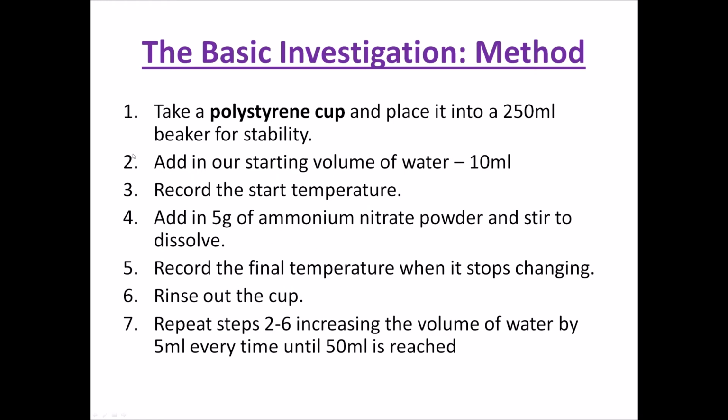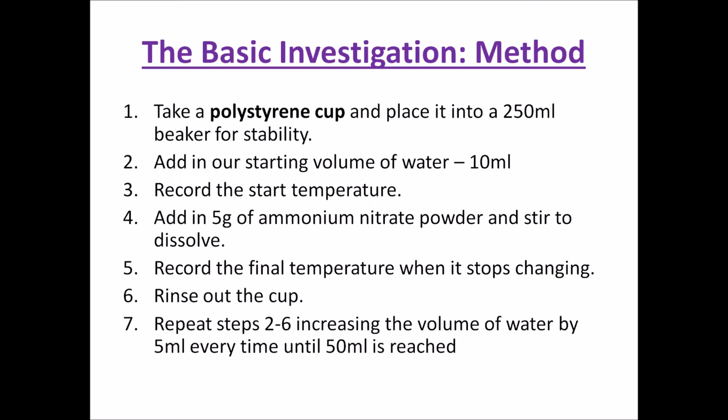Then repeat steps 2 to 6, but increasing the volume of water by 5 millilitres every time until we're using 50 millilitres. So we're going to use 10, 15, 20, 25, 30, 35, 40, 45, 50. We're going to use 9 separate results, which will give us a really clear indication of what's happening.